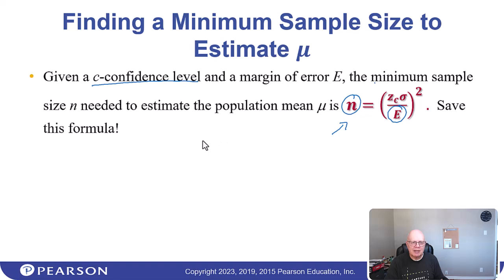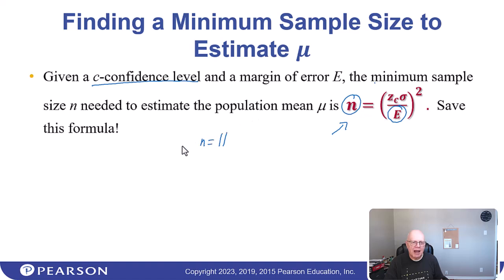Now, if you only took a sample of one, you wouldn't be very confident, would you, that that was actually going to give you a confidence interval that was worth anything. 11, it might be pretty decent, but who knows? The bigger the sample size, the more likely we are to have a good confidence interval.